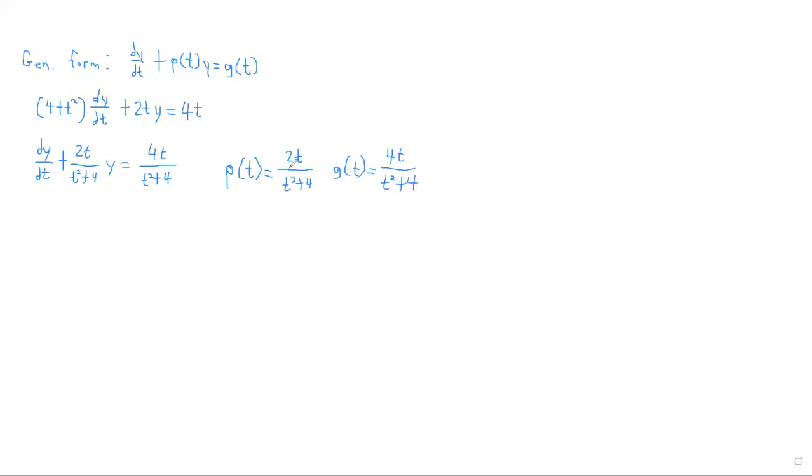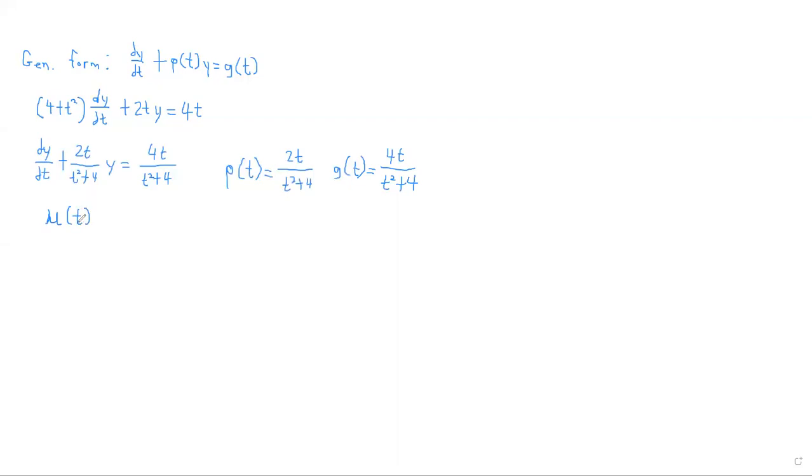All right, now what we have next is we need to find something called an integrating factor. There's this thing called mu of t. Mu of t is the integrating factor.